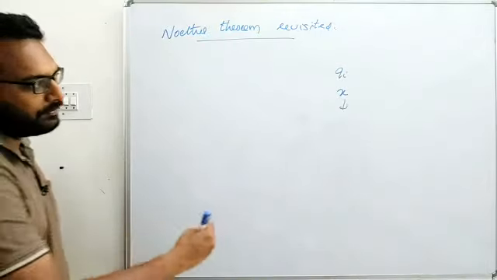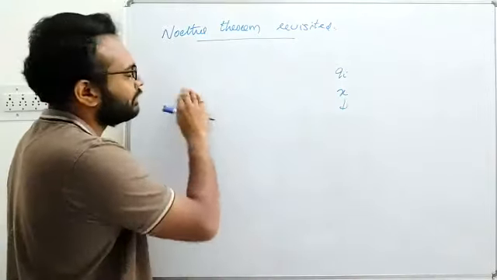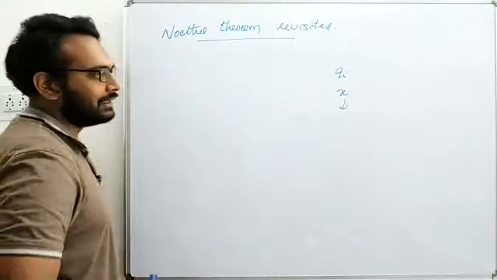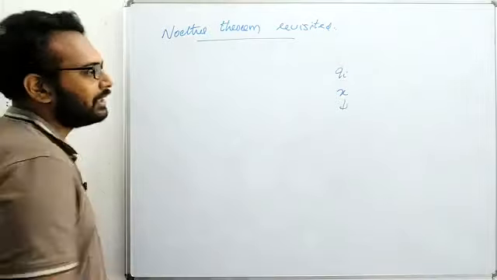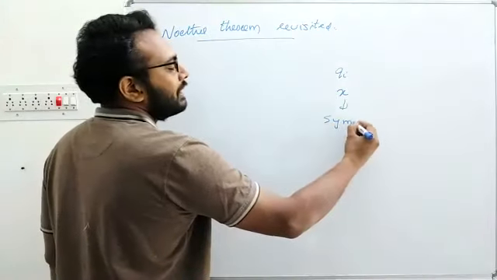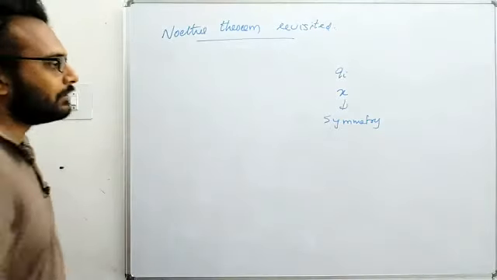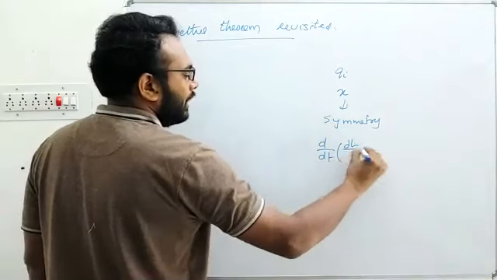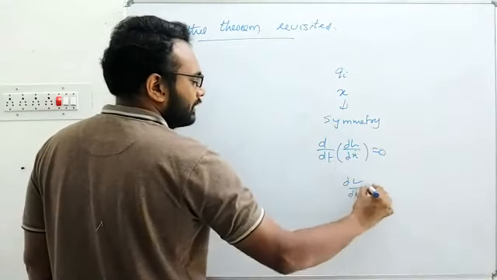If x is position, for example, and x does not appear in your Lagrangian, then changing the position will not change the Lagrangian, right? So if you do something and it does not change the Lagrangian or the Hamiltonian, we say that this is a symmetry transformation. We immediately identify a symmetry transformation, and we saw that this means that d by dt of dou L by dou x dot equals 0, or dou L by dou x dot is a constant.